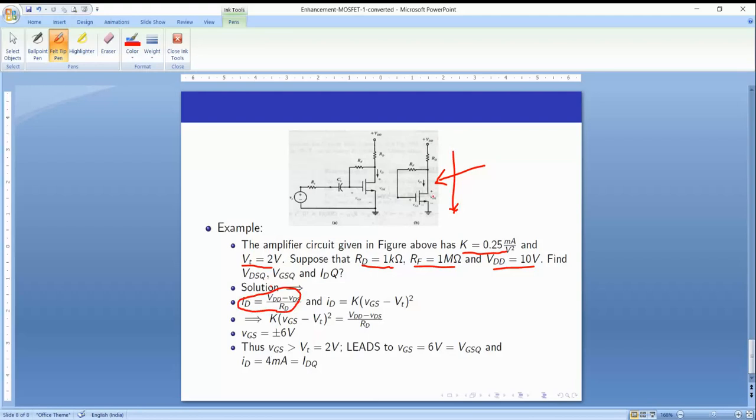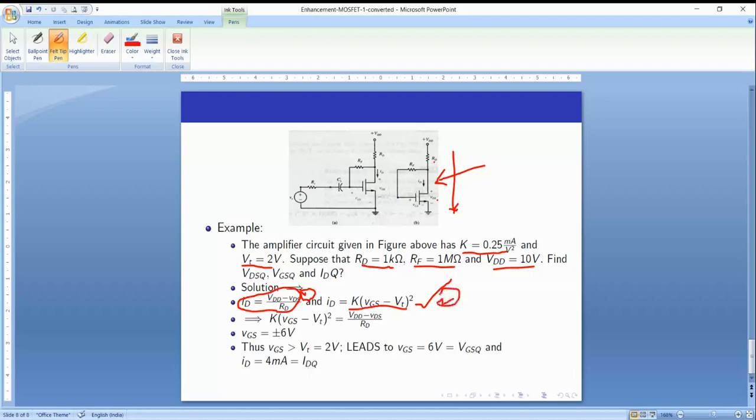So we got one equation for ID. Now let us assume the enhancement MOSFET is operating in the active region. Then ID is given by K into (VGS minus VT) whole square. This is equation number 1 and this is equation number 2.